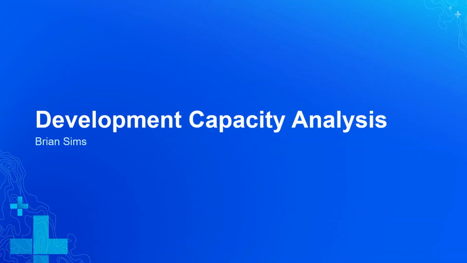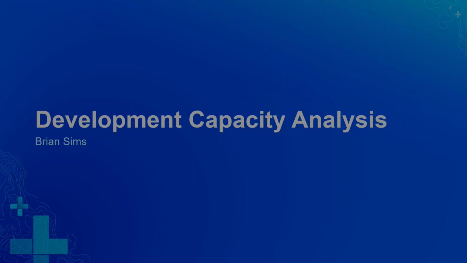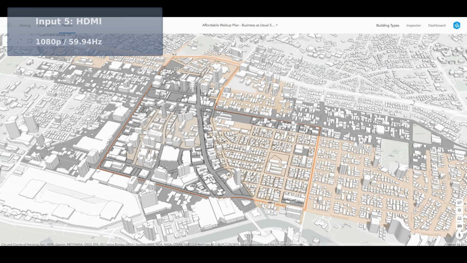Yeah, so I'll hand it over to Brian, but before that, it's good to point out that as Eric is talking about what's next, a lot of what we're showing here is what it is today and what we're working on for the future. And we do that together with customers that we've been working with over the years. So I'm going to have Brian talk you through one of these particular projects coming up to do with development capacity analysis.